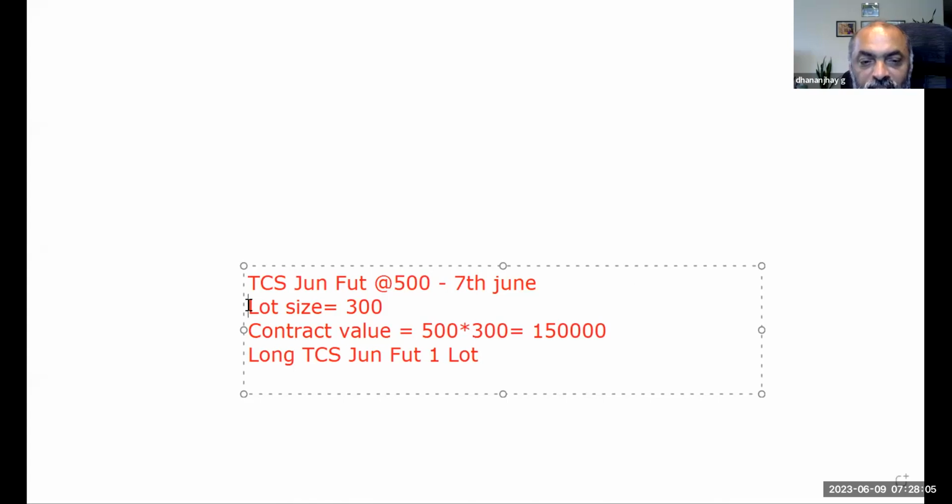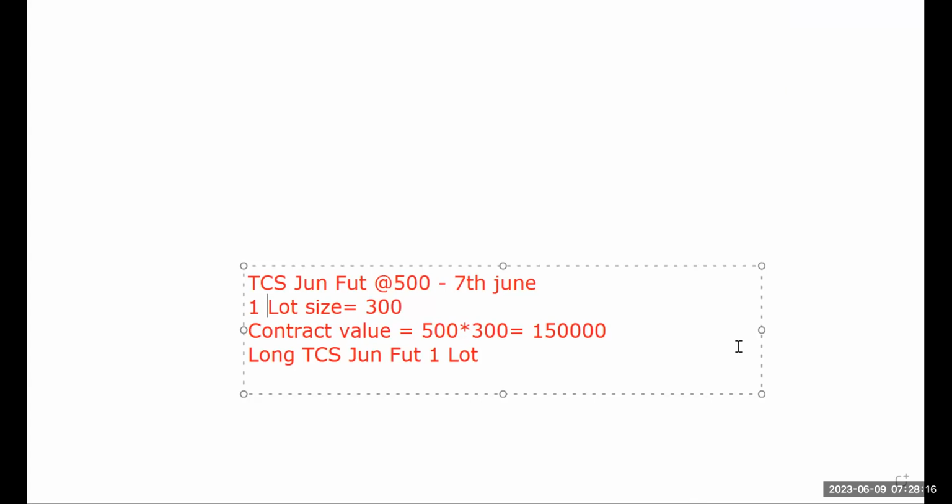Can anybody explain? One lot means one box. Not one apple.